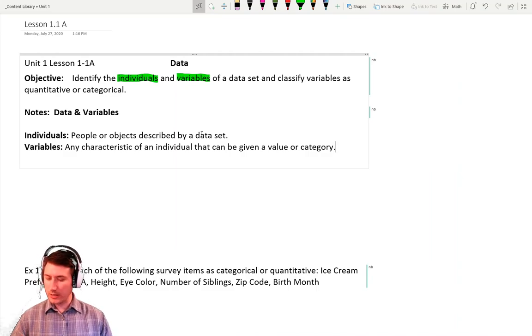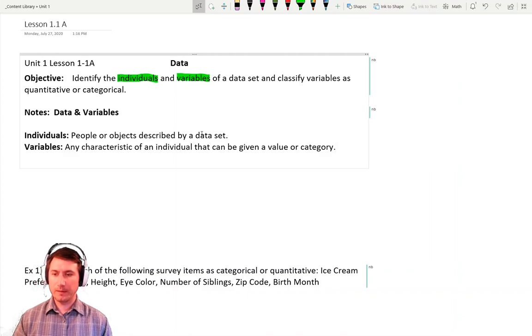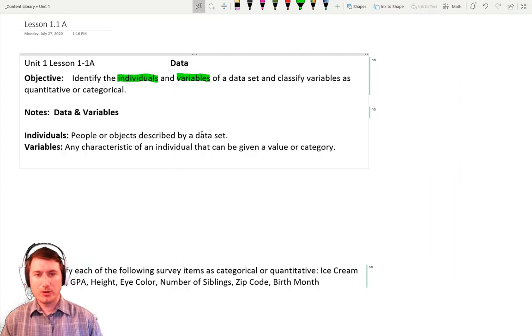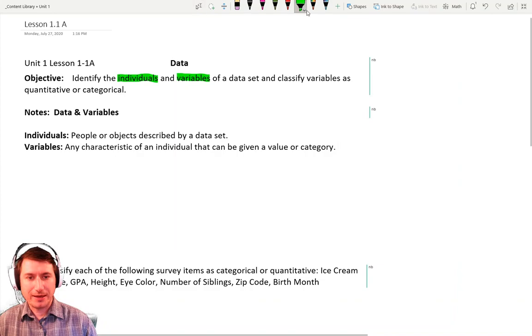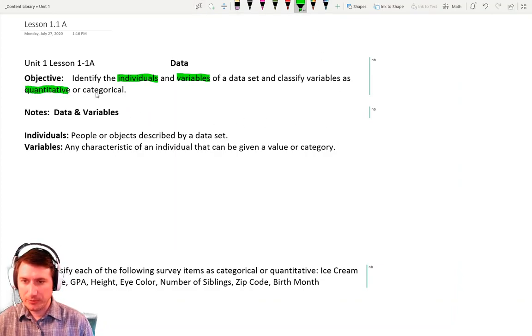That's the question you're asking. What do you want to know about these individuals, these people? Now once you have that down, it's good to classify the variables even further. There are different types of variables, namely these two, quantitative variables and categorical variables.